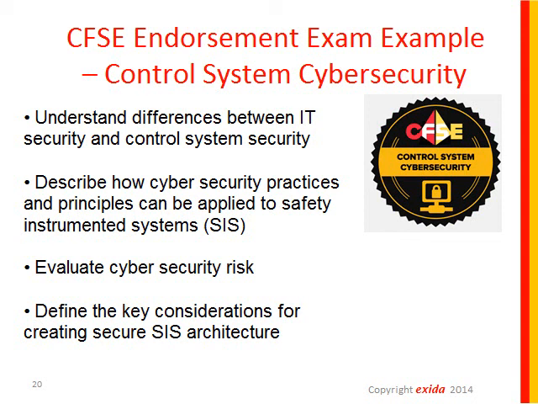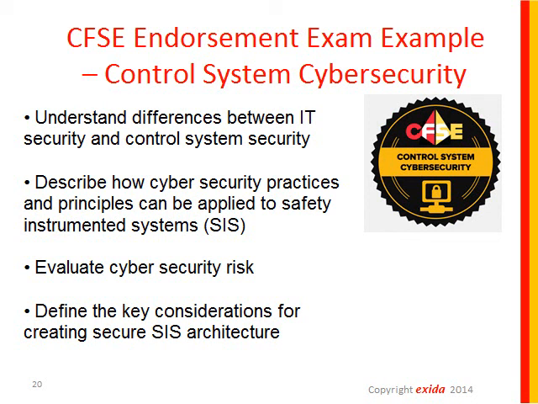Anyway, the keys are you must understand the differences between IT security and control system security. The IT people have different rules and different ways of doing things that is not necessarily good for a control system. You need to understand the differences. So there are questions about that. You need to describe how cybersecurity practices and principles can be applied to safety instrumented systems. Because remember, a cybersecurity attack could, if successful, disable a safety instrumented system, in effect causing it to fail dangerously.